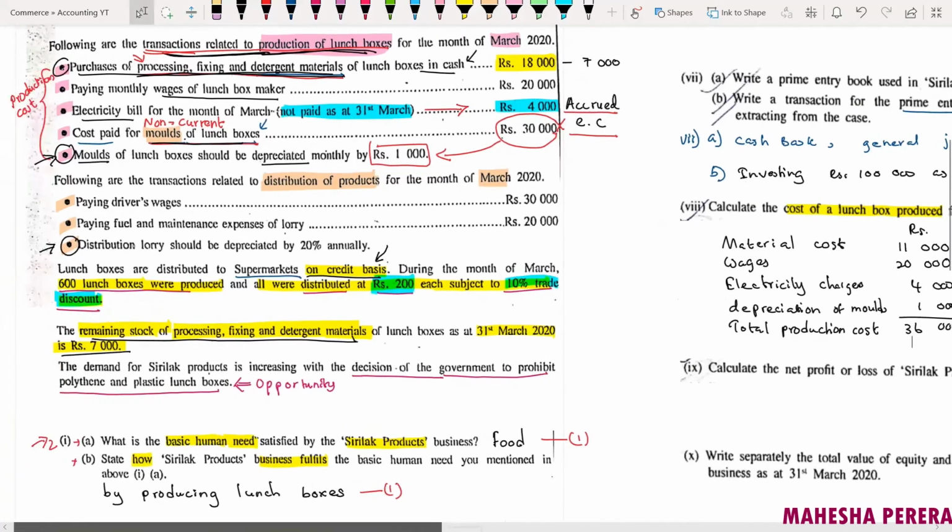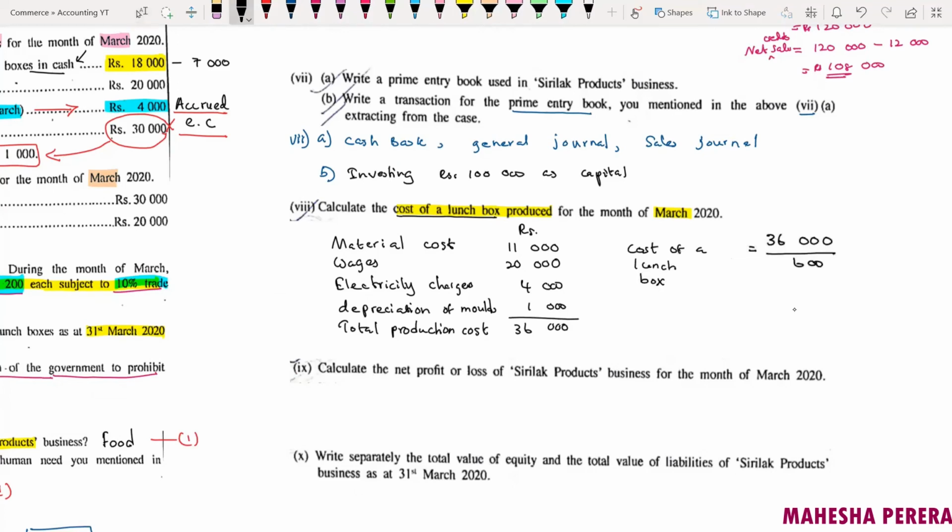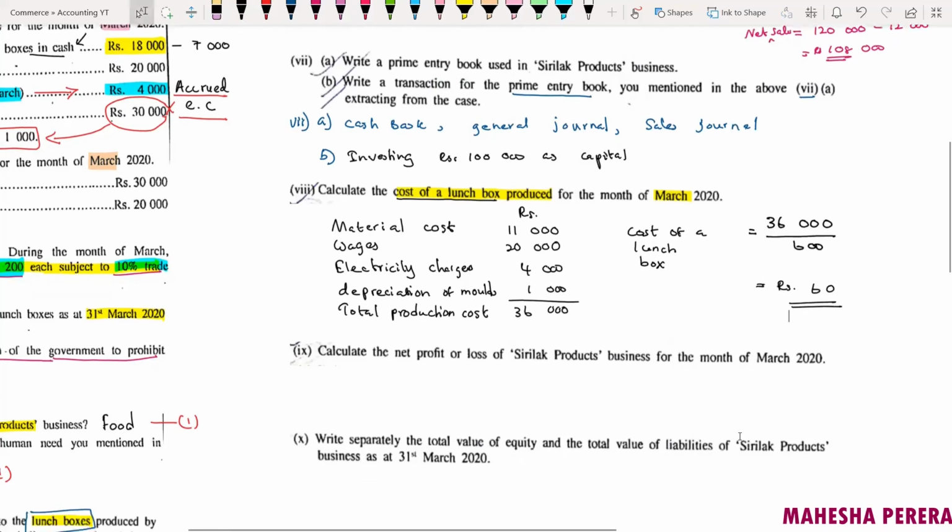It says 600 lunch boxes are produced. So simply you can divide 36,000 by 600 and show them the cost of a lunchbox, right? So let's write cost of a lunchbox, right? And it is 60 rupees, right? 60 rupees.